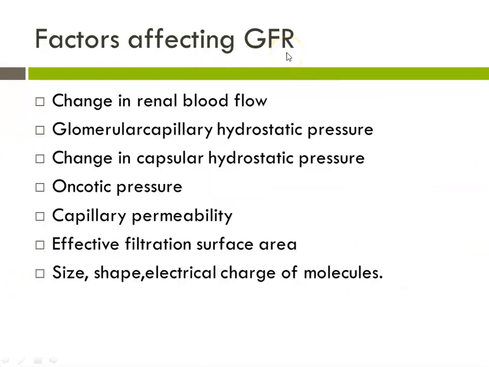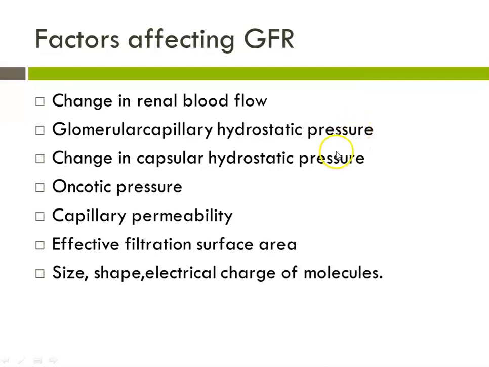Next, see the factors affecting glomerular filtration rate. First one is a change in renal blood flow. If there is a decrease in the renal blood flow, there is also a decrease in glomerular filtration rate. Next is the glomerular capillary hydrostatic pressure. If the afferent arteriole constricts, the hydrostatic pressure decreases, and this leads to a decrease in the GFR.